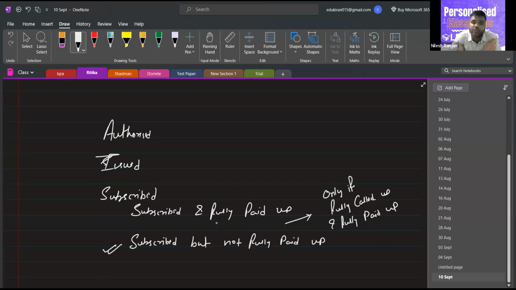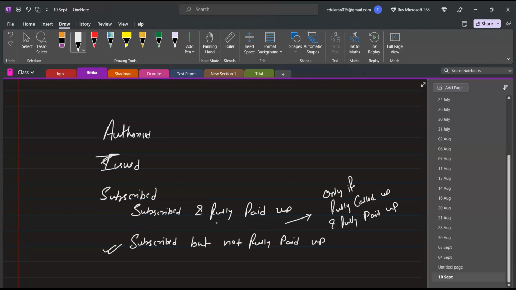And if not, then it will be included in the second part, subscribed but not fully paid up. Do you have any doubt in this classification of share capital?